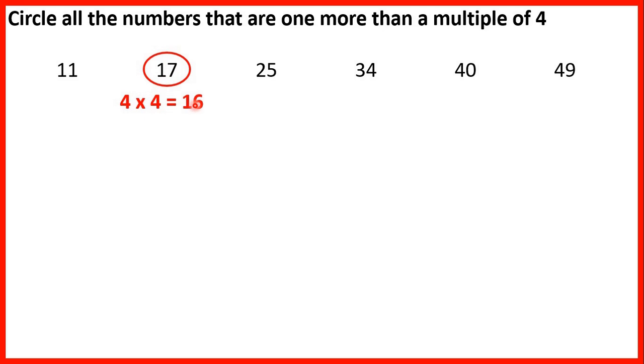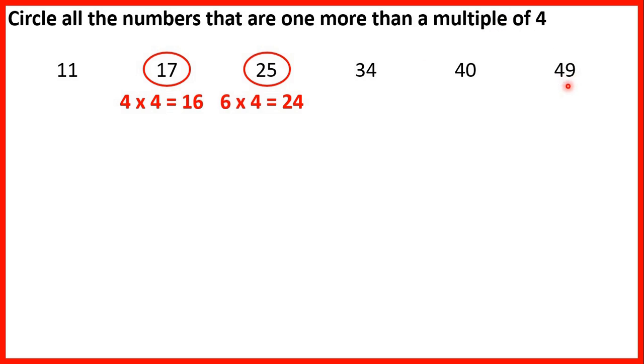Now 17 is 1 more than 16, and 16 is a multiple of 4. 4 times 4 is 16, so it's in the 4 times table, and 17 is 1 more than that. Now 25 is 1 more than 24, and that's a multiple of 4 as well, because 6 times 4 is 24. 34 is 1 more than 33, but that's not in the 4 times table. 40 is 1 more than 39, but 39 is not a multiple of 4.